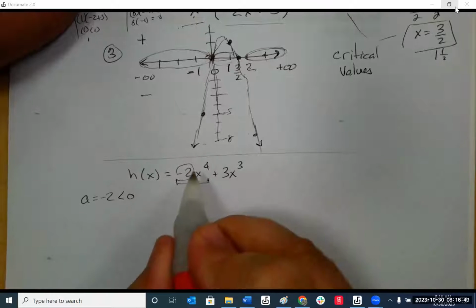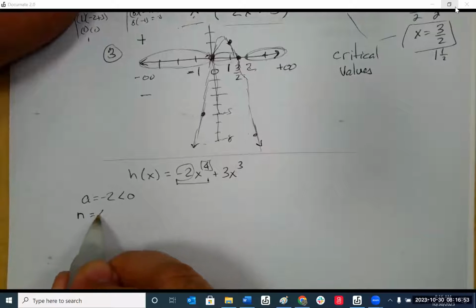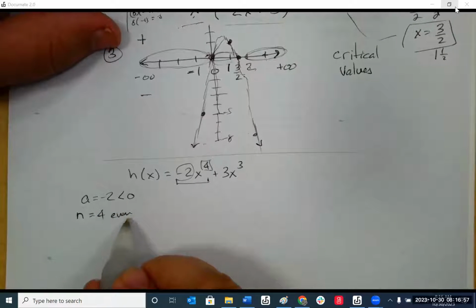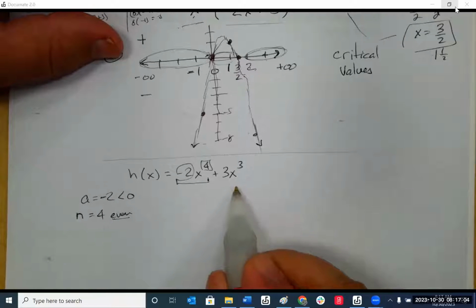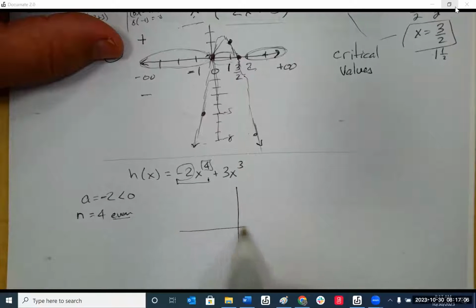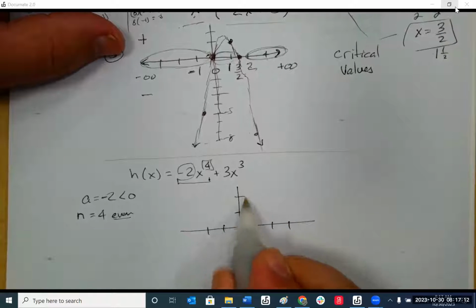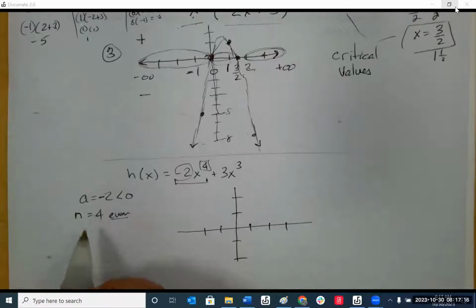It's negative. And n, the degree, is 4. So it's even, which means both ends point the same direction. Since it's negative, they both point down. We know that. So our graph will look something like this.